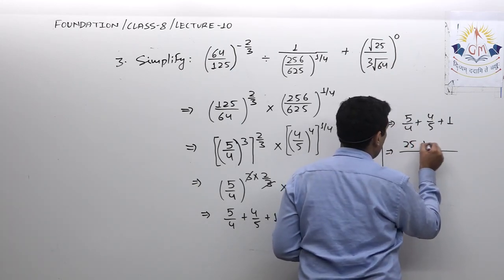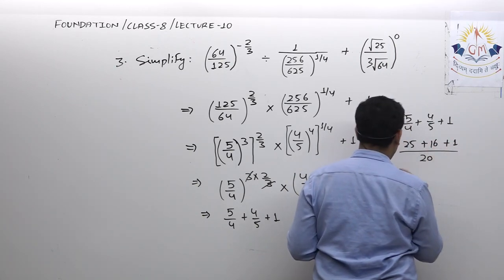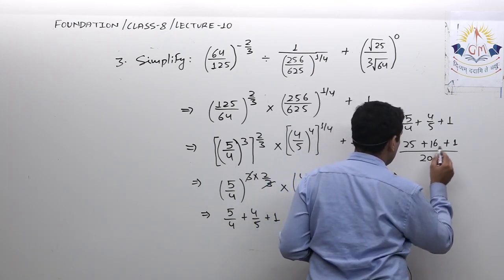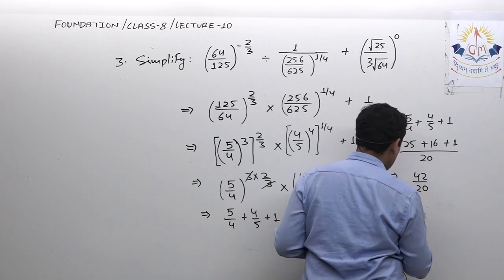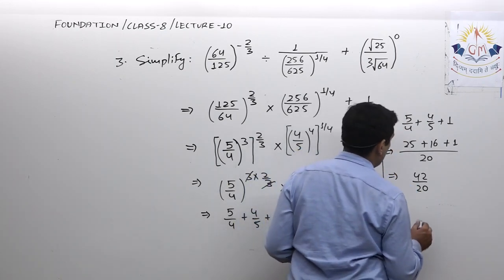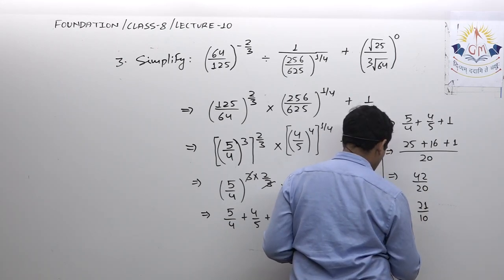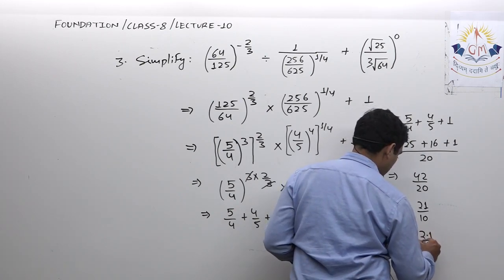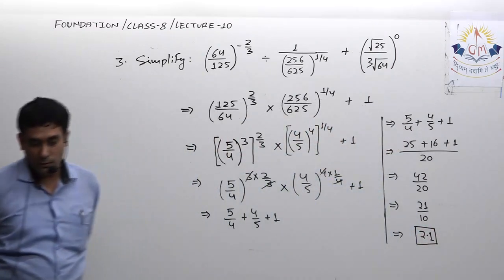So 25 plus 16 plus 1, 42 upon 20, that is 21 upon 10. So final answer I can say is 2.1. Okay, so please note it down.